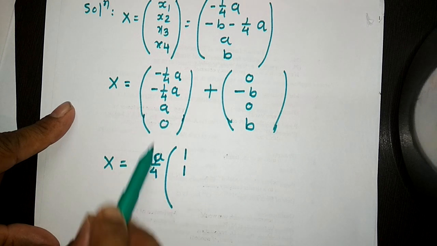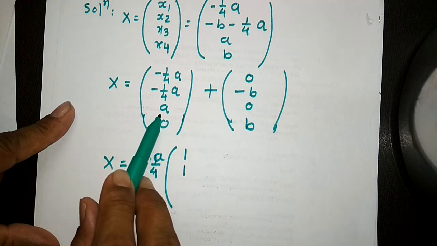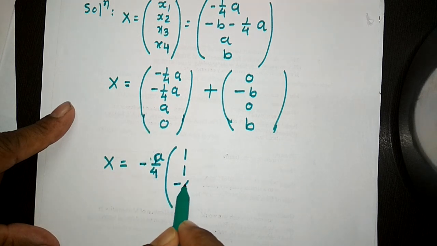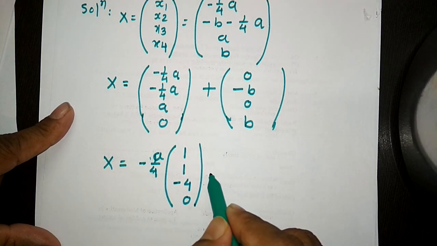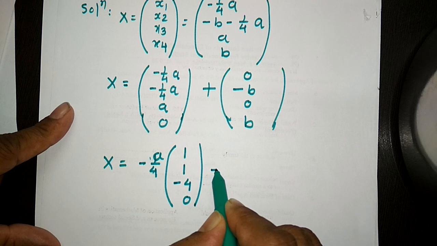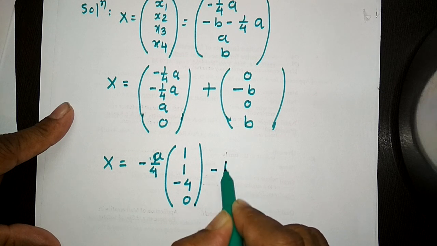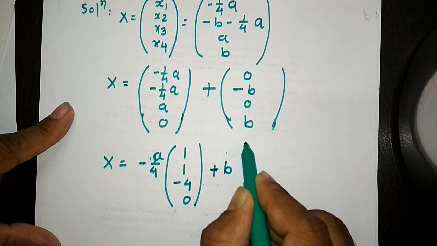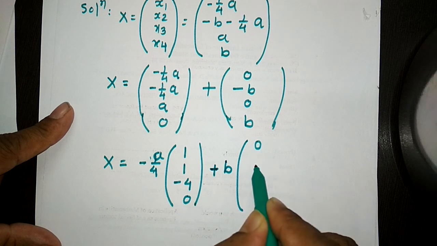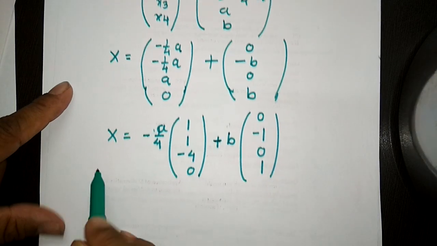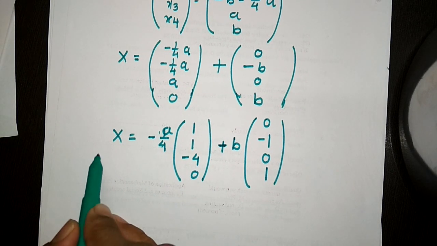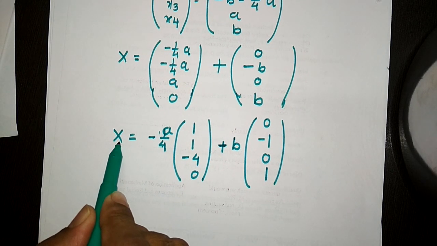A is outside, but minus 1 by 4 is the coefficient, so multiply by minus 4, and this is 0 here. Similarly, minus b, we take b outside, so we get 0, minus 1, 0 and 1. So this is the solution of that homogeneous system.